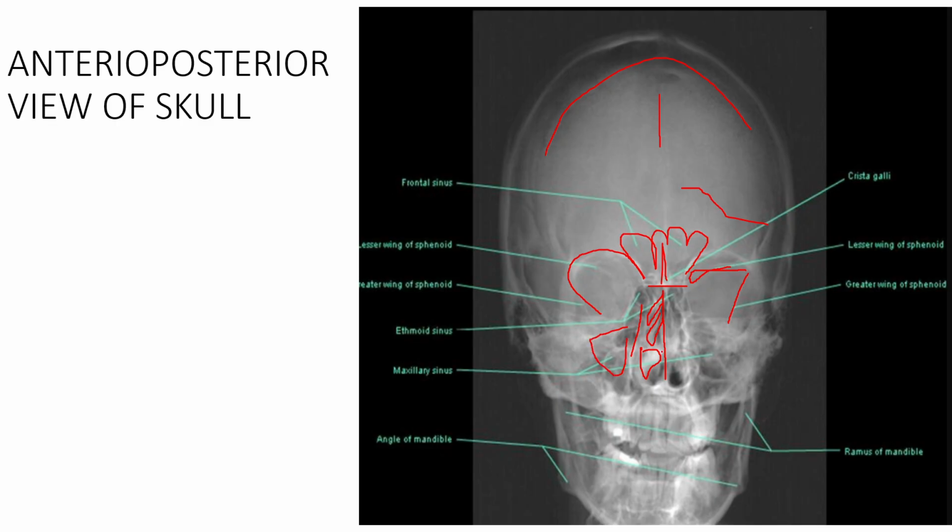This is the petrous temporal bone seen in relation to the orbit. Some part of zygomatic bone is seen here. And here you can see the superior alveolar margin, the upper jaw teeth, and this is the ramus of mandible, angle of mandible, base of mandible.